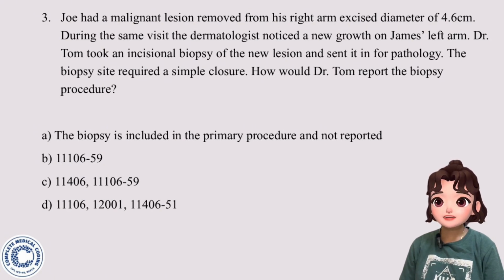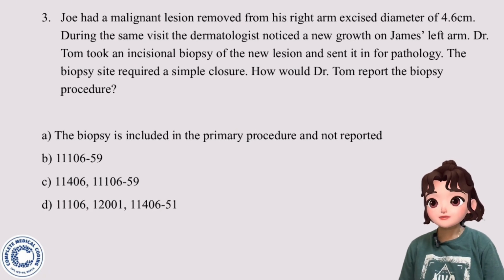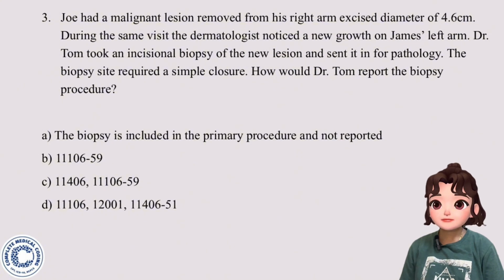See, during the same visit, initially Joe had a malignant lesion which was removed on the right arm. That is initially, before. And then during the same visit, another doctor, the dermatologist, Dr. Tom, noticed a new growth. So Dr. Tom has removed it from the left arm. So we have to code for that left arm procedure.